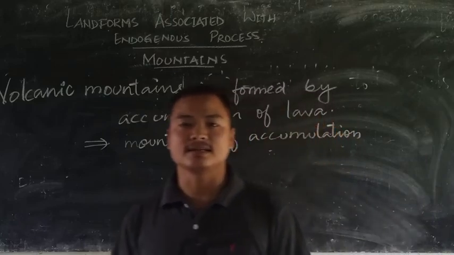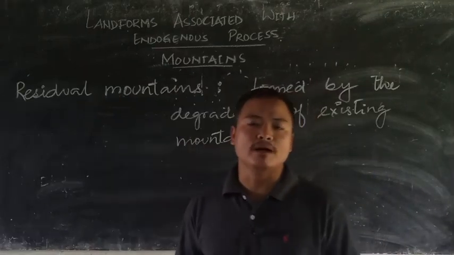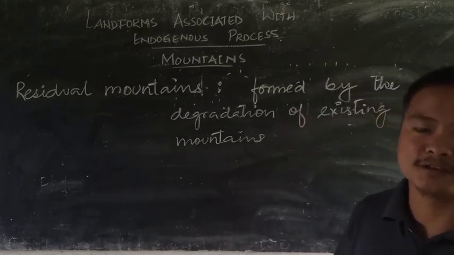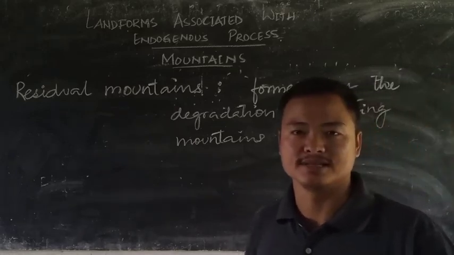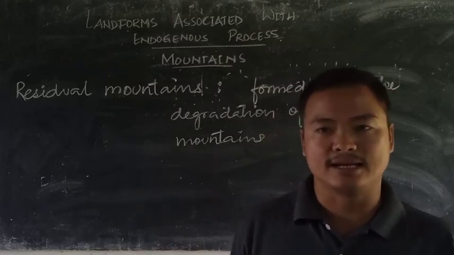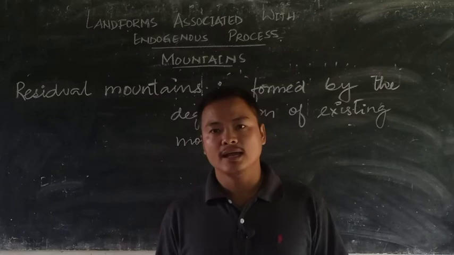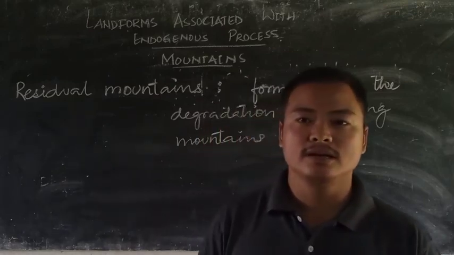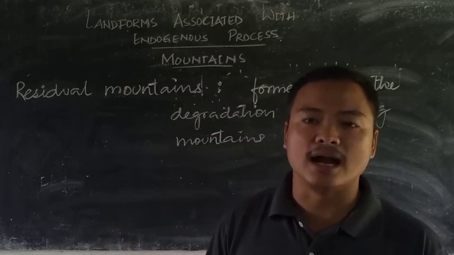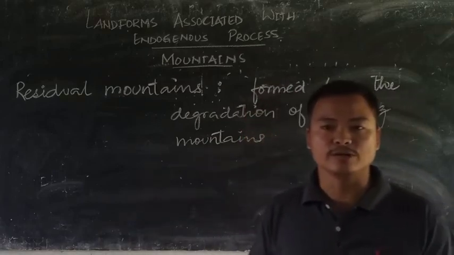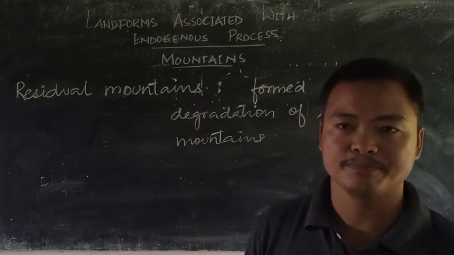Now let us discuss the residual mountain. The residual mountains, as a fourth type of mountains, are formed only after the formation of the first three mountains, that is the fold mountain, block mountain, or volcanic mountain. After the formation of the first three mountains, over years and years, they undergo change because of denudation processes, including weathering and erosion.